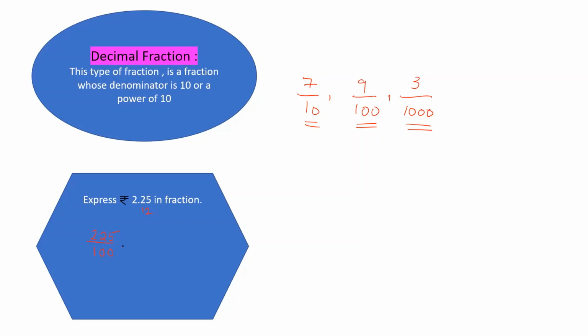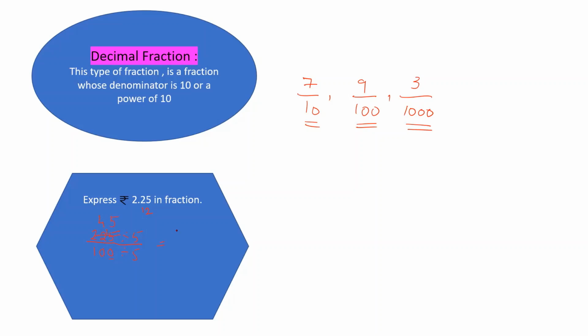225 by 100 is a fraction, but this fraction is not in the simplest form. To convert this into the simplest form, we can divide 225 and 100 by 5. The ones place digit in the numerator is 5, and in the denominator the ones place digit is 0. So we can divide both numerator and denominator by 5. 5 4's 20, 2 is remainder, 25. 5 5's 25.